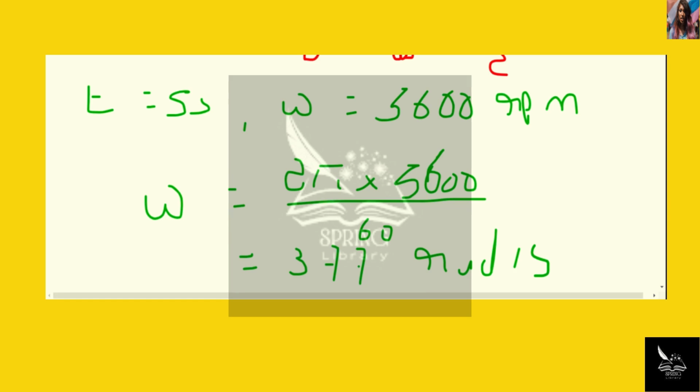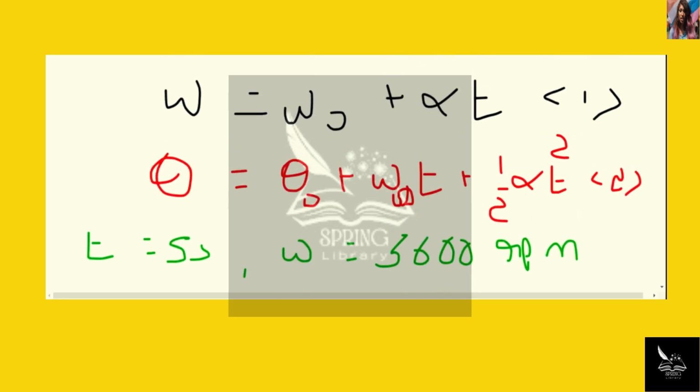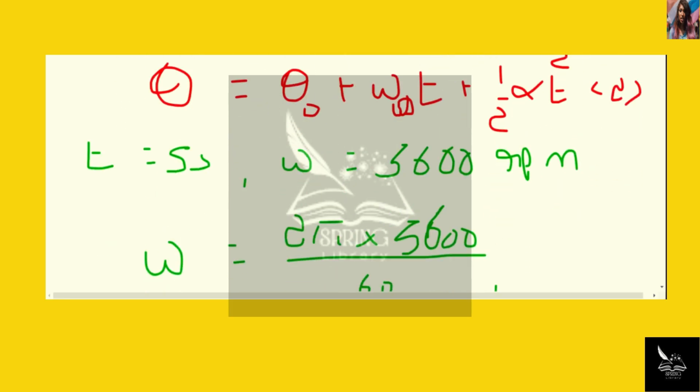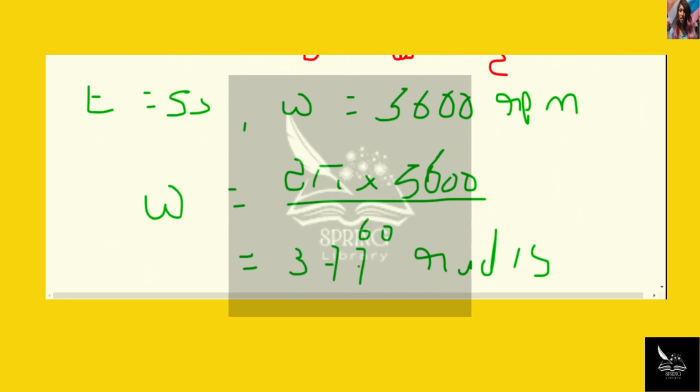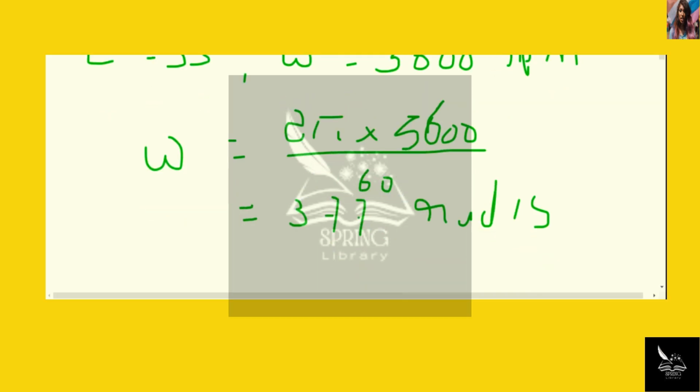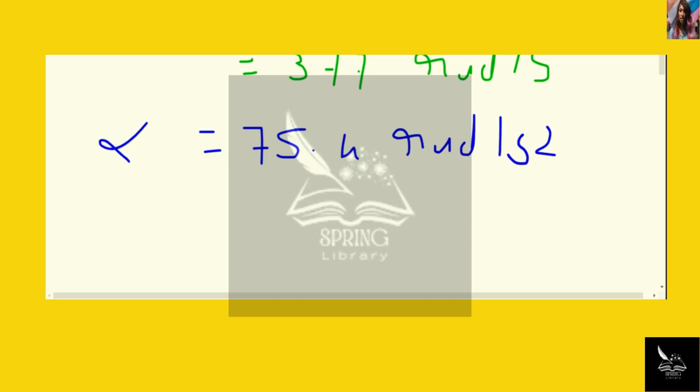Now in equation 1, we are going to put this omega value so we will get the alpha. This is our equation 1 and we are going to put omega 0 equal to 0 and omega will be 377. So from equation 1, I can write alpha will be 75.4 radian per second square.